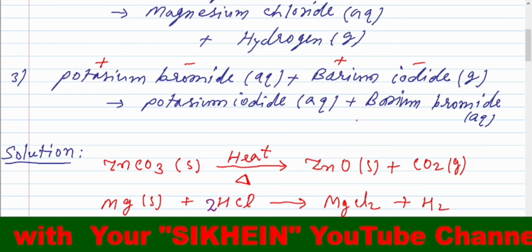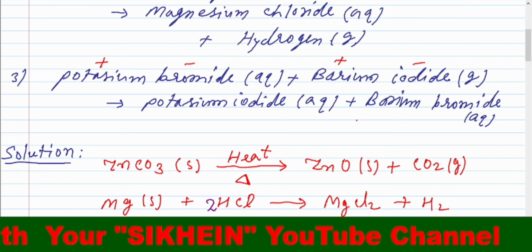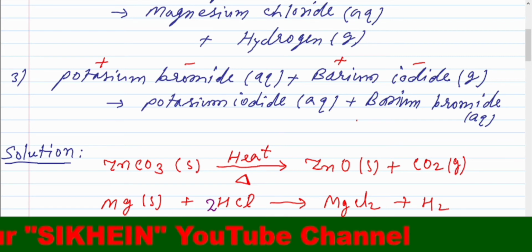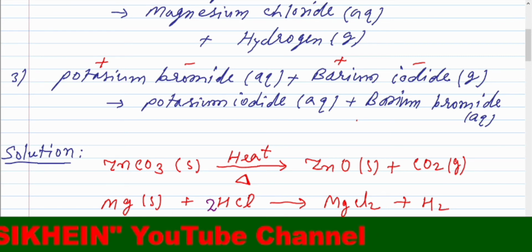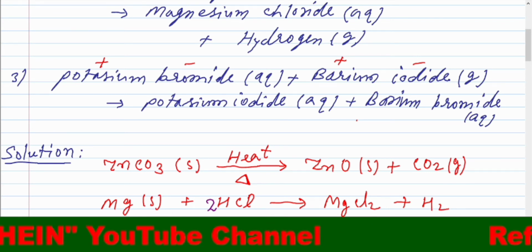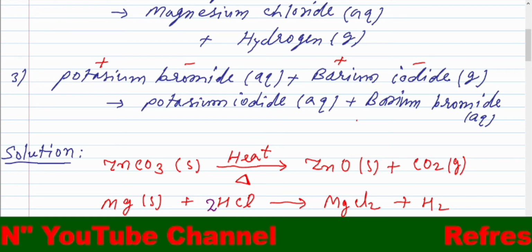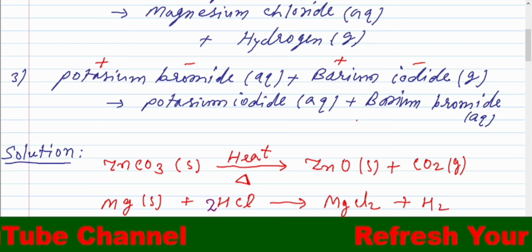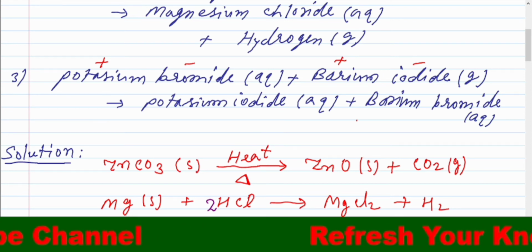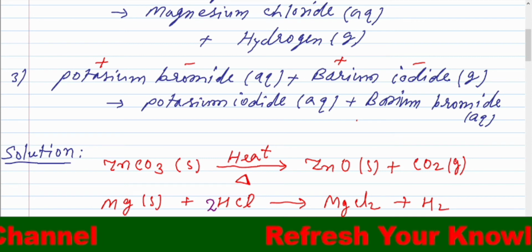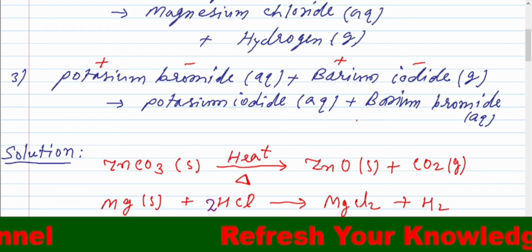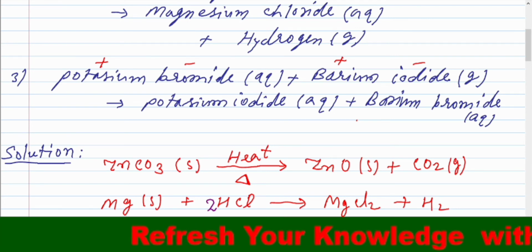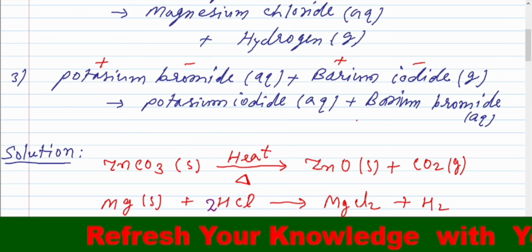You are very familiar about that. What is the chemical reaction name in this reaction? The first is, I think, decomposition reaction, ZnCO3 gives ZnO plus CO2, that means zinc carbonate breaks.